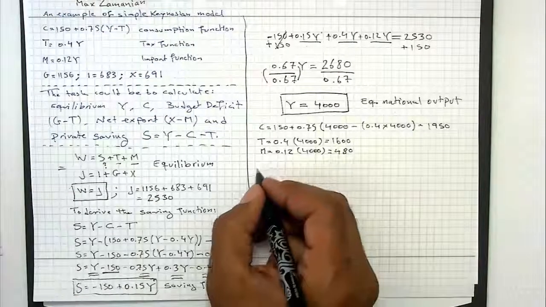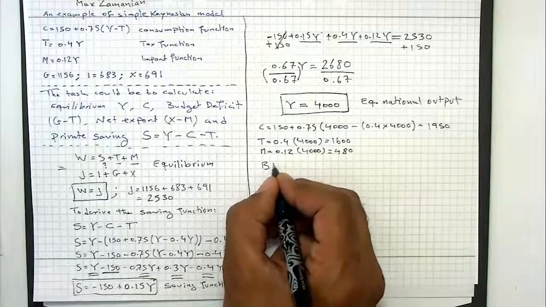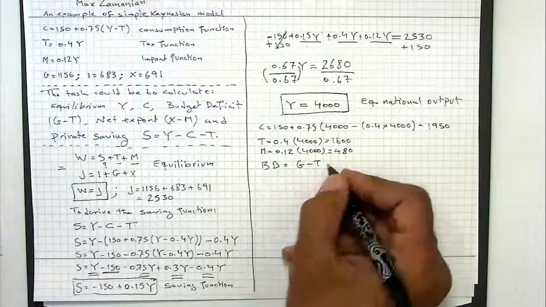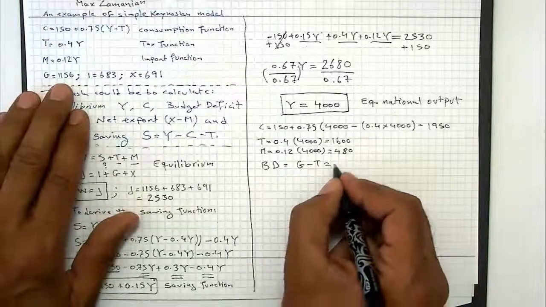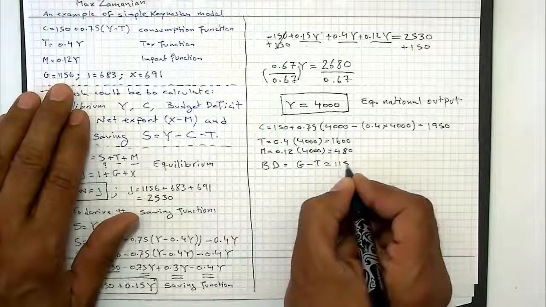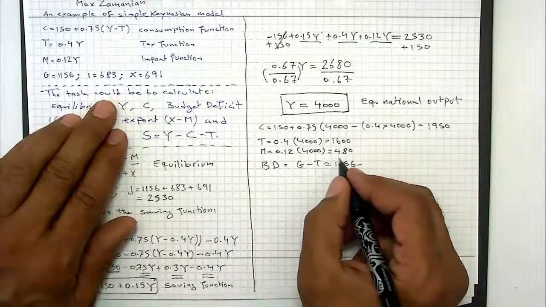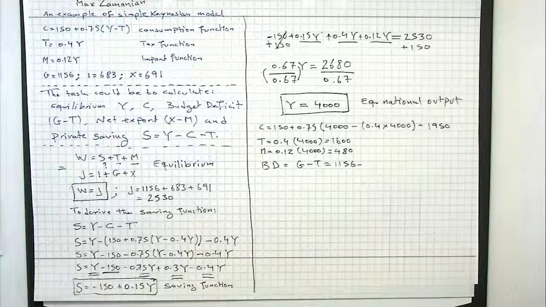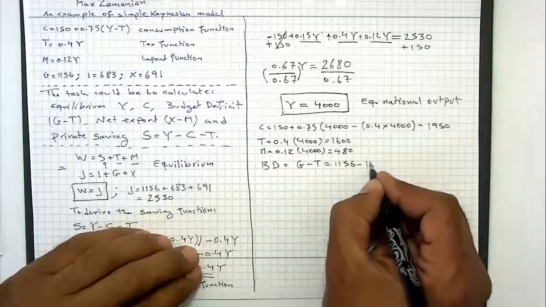Now you are prepared for calculation of budget deficit, meaning G minus T, and G government expenditure we had 1156 minus taxes we had 1,600.